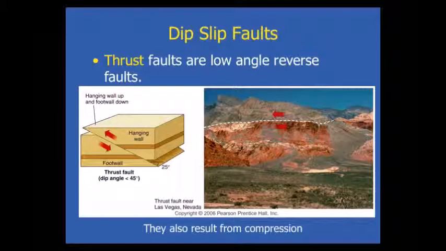If there is no subduction or the rate of compression is great, then often the dip of the fault plane will be very low angle, and this is a type of reverse fault called a thrust fault. A thrust fault is the same thing as a reverse, dip-slip fault, except that it's a low angle reverse fault.